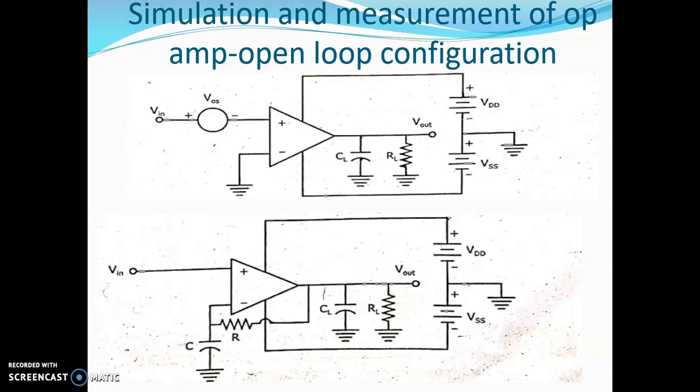Means you will be taking the op-amp. As we have discussed in the previous sections, in the class I have once discussed, in order to see the simulation part, we will be using SPICE software. By the SPICE software, we will be simulating this VLSI op-amp design. How can we do it?